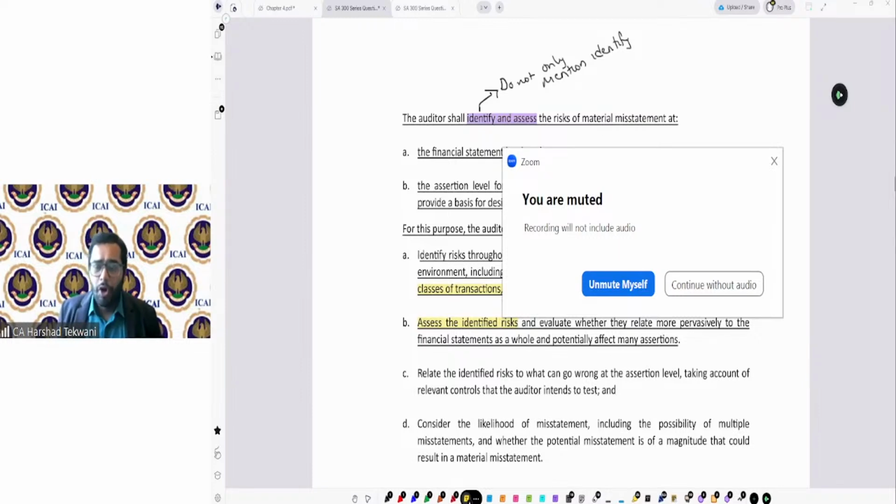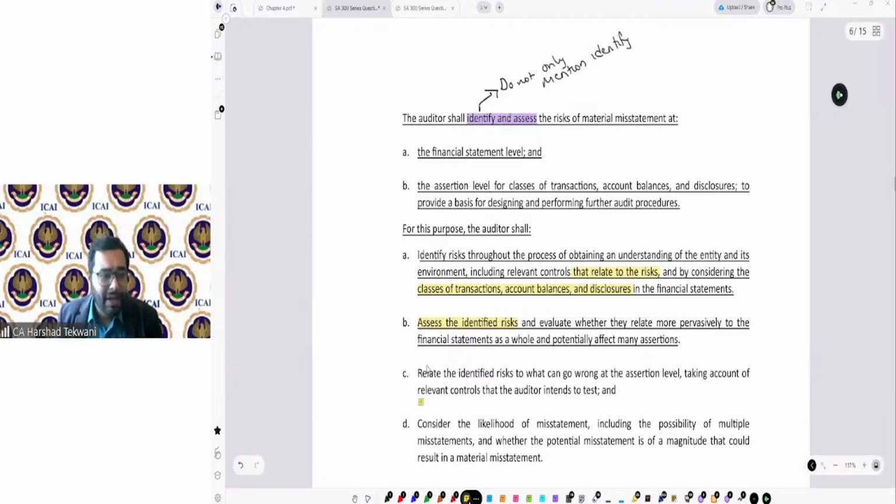So what I was talking about here is that assess the identified risk and evaluate whether they relate more pervasively to the financial statement as a whole or potentially affect many assertions. So you need to identify whether the risk is related to the financial statement as a whole or what.